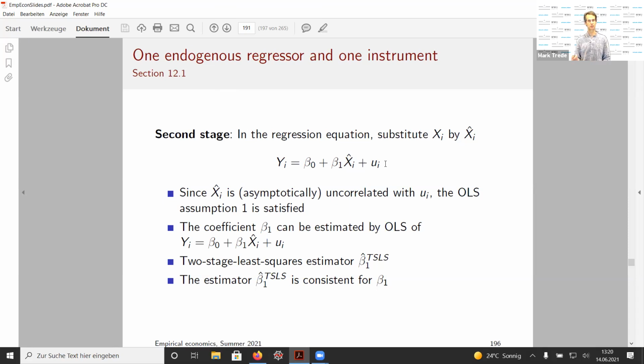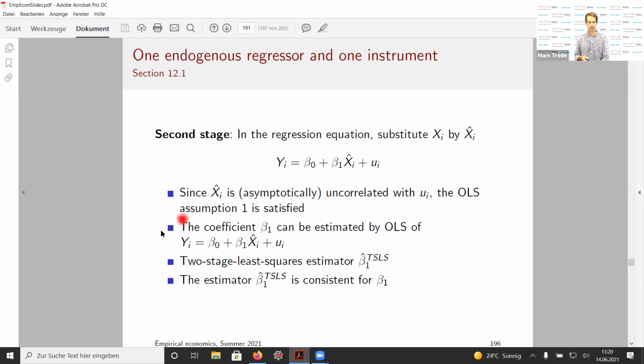Okay, so it's violated if we use the original x's, because the original x is not only comprised of the good component, but also the evil component. But we isolated the good component. We re-estimated the regression equation with the good component only. And therefore, assumption number 1 is now satisfied. And we can estimate the slope coefficient beta 1 just using ordinary least squares estimation methods as before.